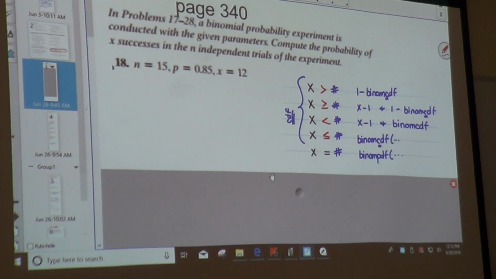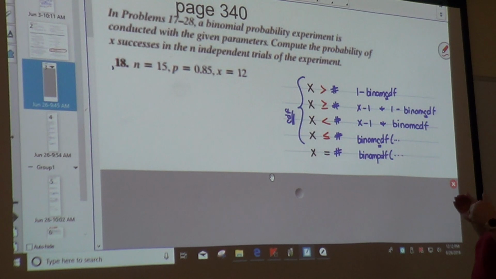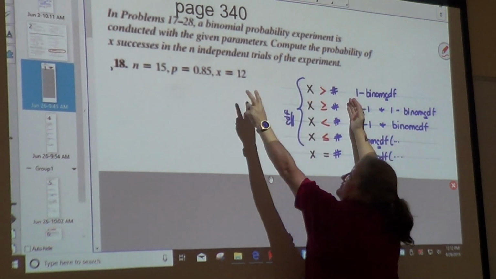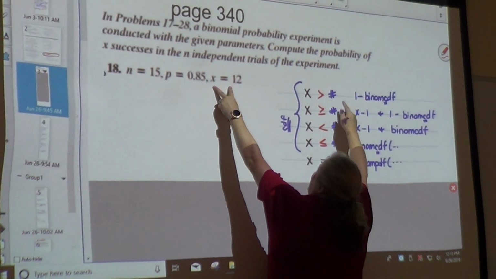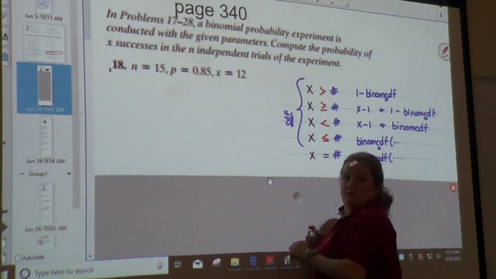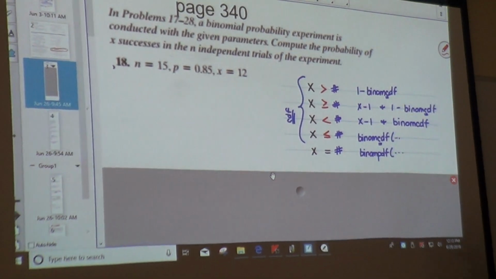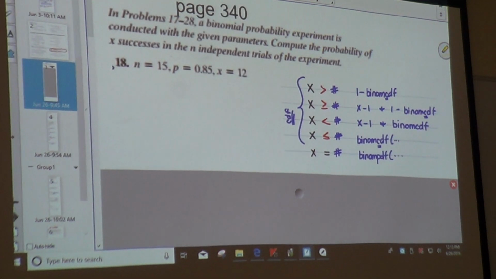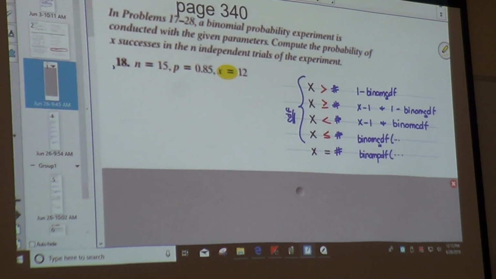So when you're doing binomial probability, what you have to look for is your x. Is my x greater than, equal to, less than, equal to, or equal to? It is equal to. So, right here, x is equal to.